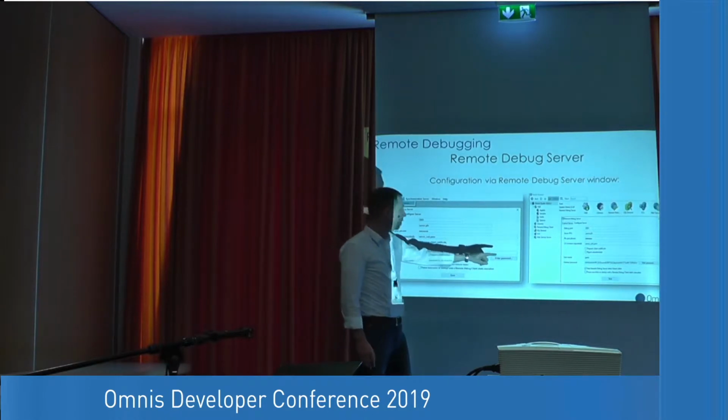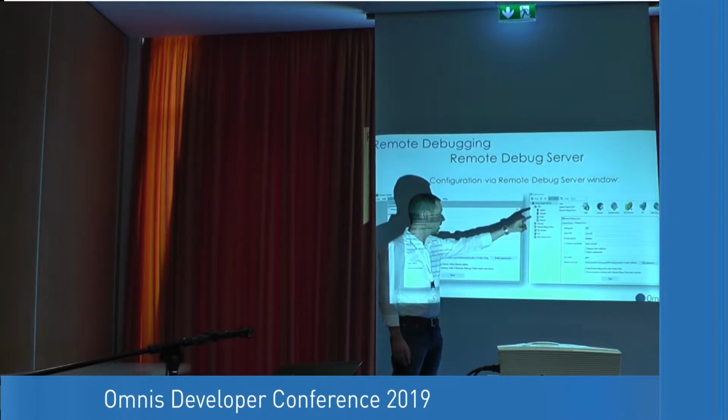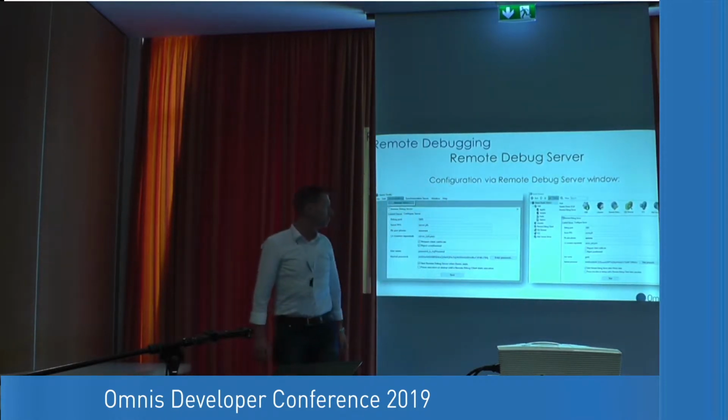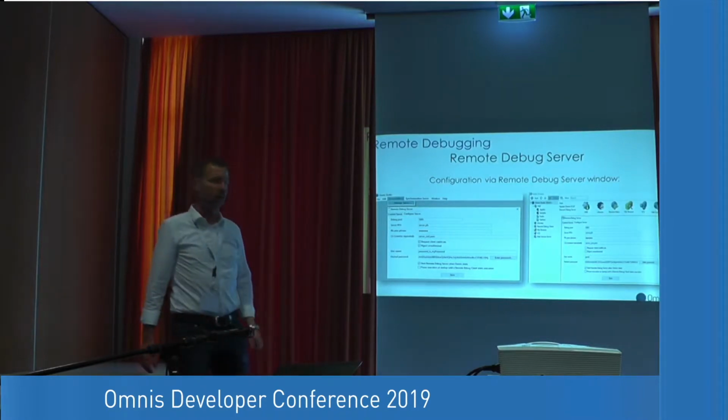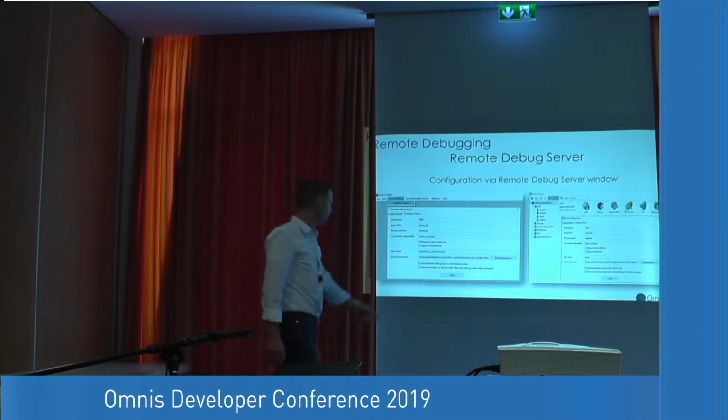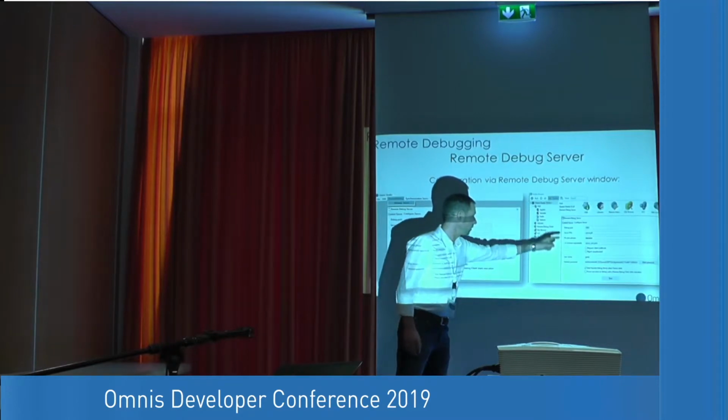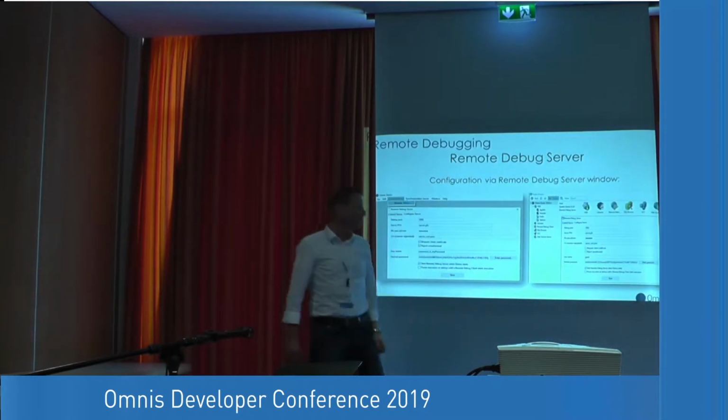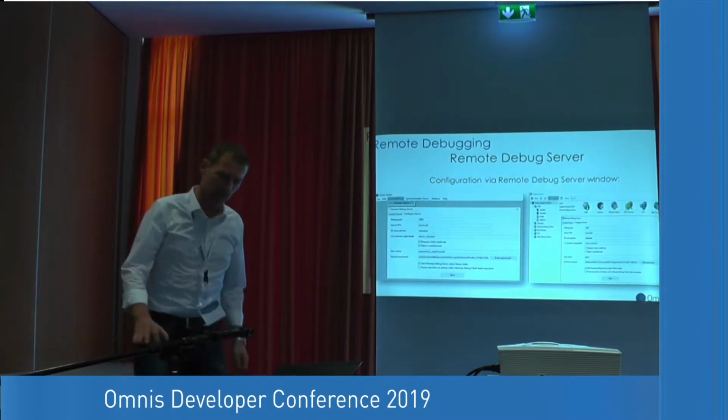You could also use an Omnis Development Edition as a Remote Debug server if you want to. And as you can see, you get the same window displayed where you can enter the parameters.